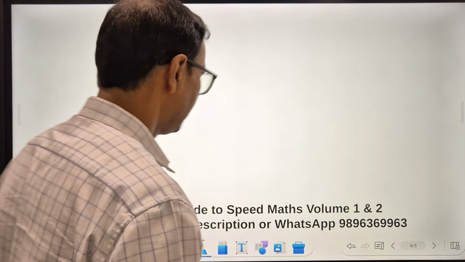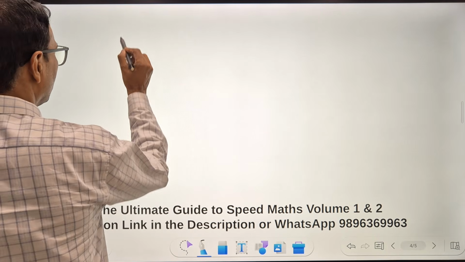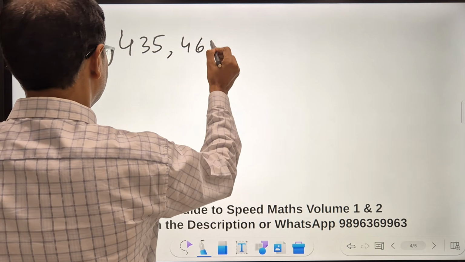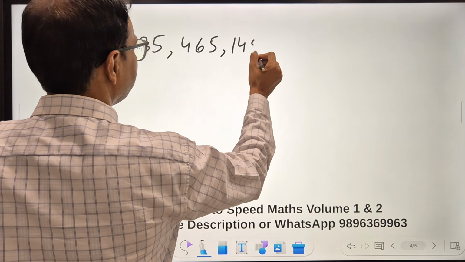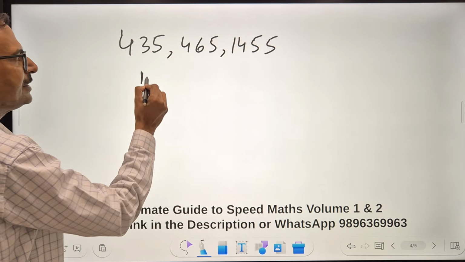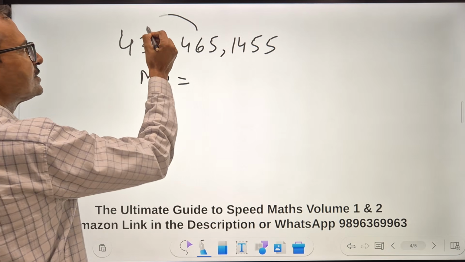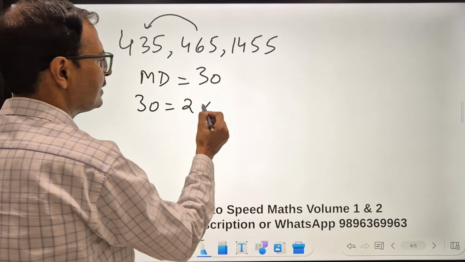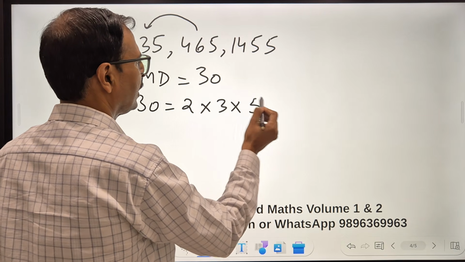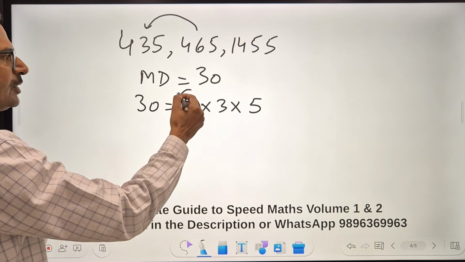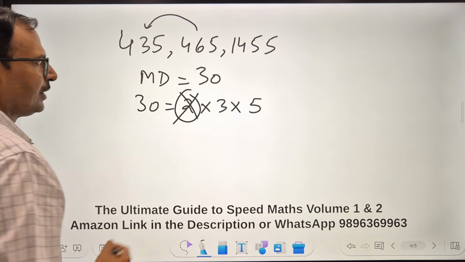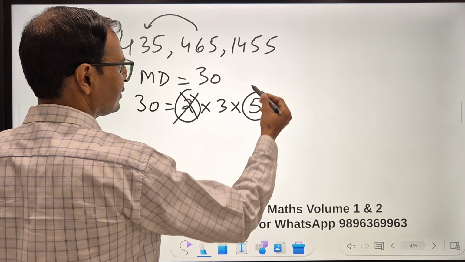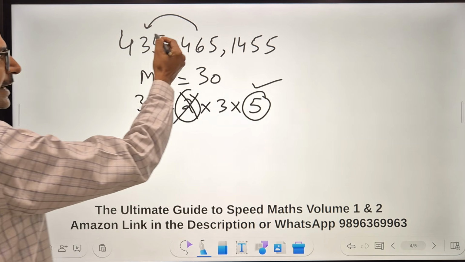Maybe one more question to feel more comfortable, like 435, 465 and 1455. So the MD, the minimum difference, probably is 30, and 30 has factors 2 times 3 times 5. 2 is not going to divide these 3 because they are odd numbers. 3. 5, obviously, yes, because all 3 are ending in 5.